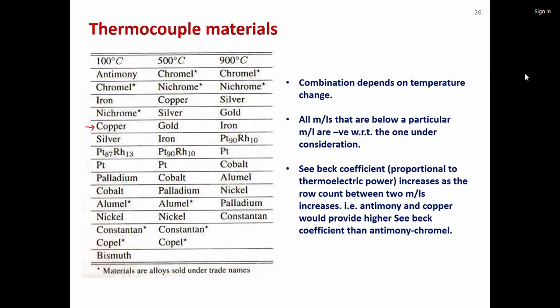That means if you take antimony and copper, and compare with antimony and chromel, antimony and copper will have a higher Seebeck coefficient than antimony and chromel. So antimony and bismuth will have the highest Seebeck coefficient compared to anything else with respect to antimony. So the farther apart the two materials are in this column, the higher will be the Seebeck coefficient.